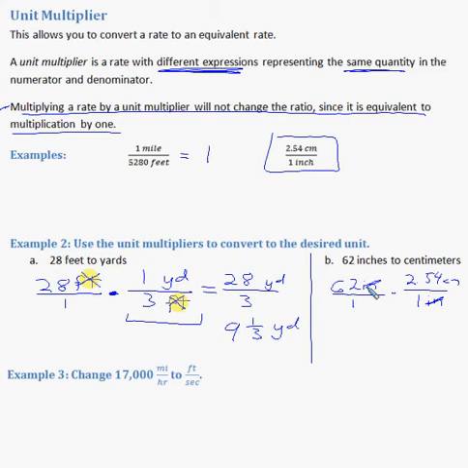We have 2.54 times 62. And so this is 217.48 centimeters. So 62 inches is the same as 217 and 48 hundredths centimeters.